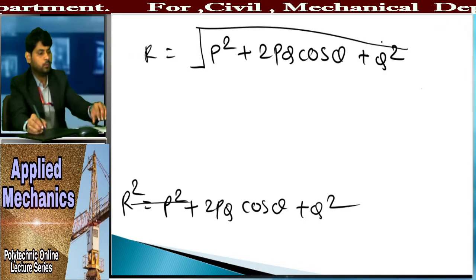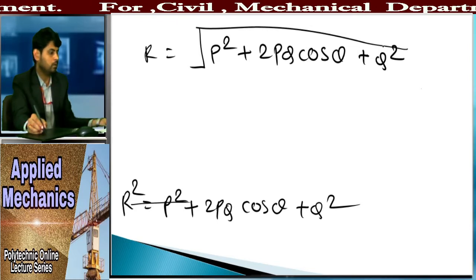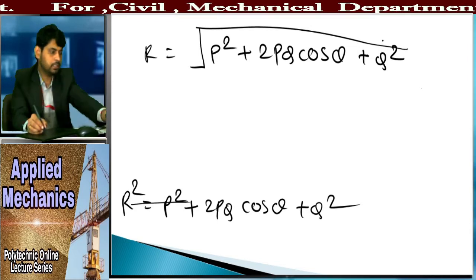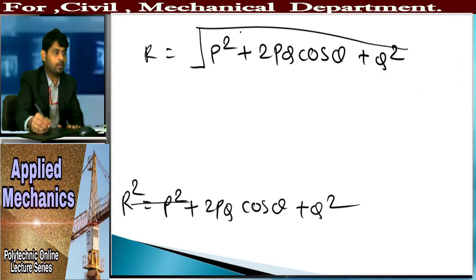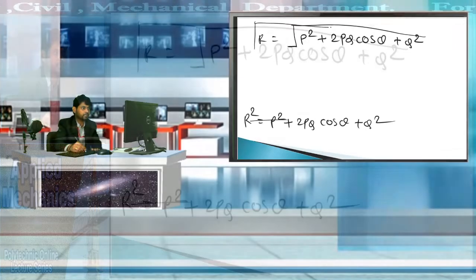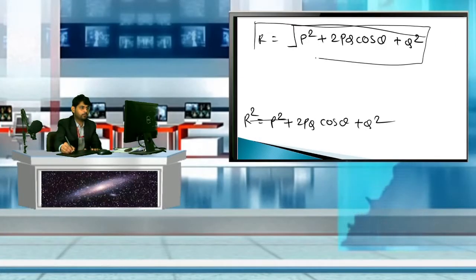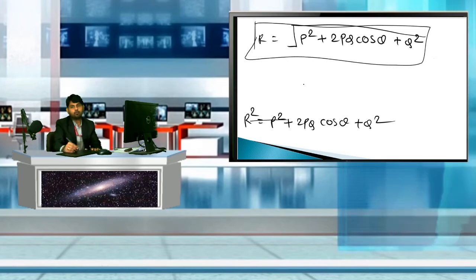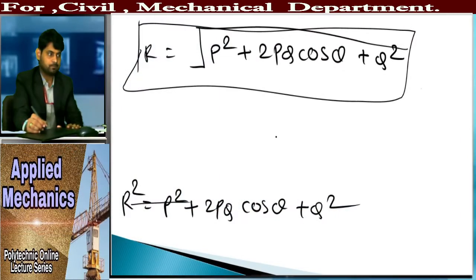So this whole value is in a square root. This is nothing but the value of the resultant of the forces. This is the formula to find the resultant of the forces.